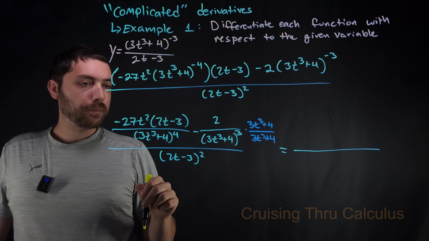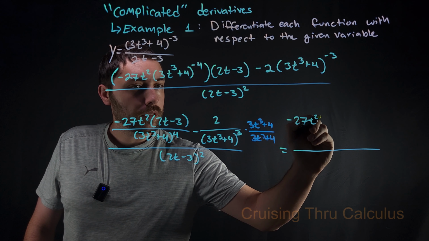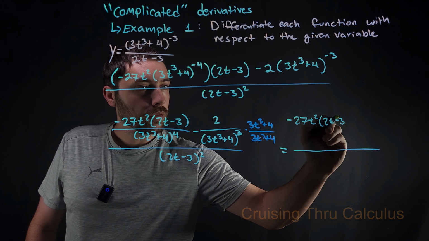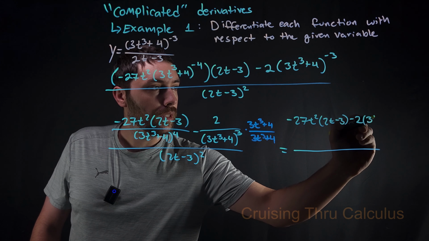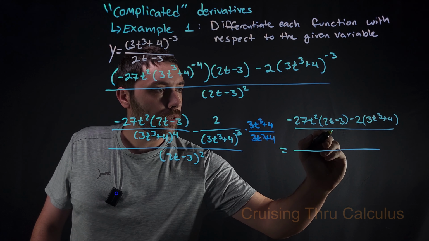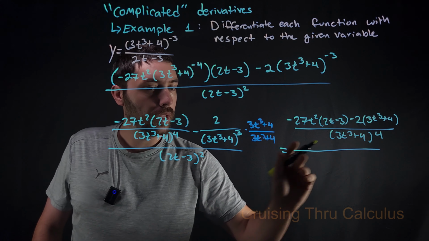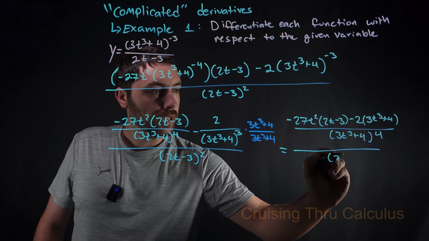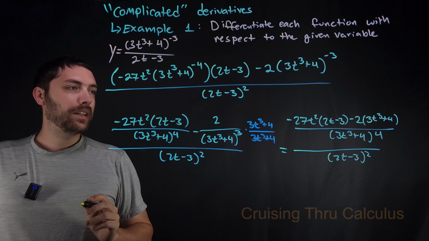We're going to have negative 27t squared times 2t minus 3, minus 2 times this piece here, 3t cubed plus 4. That's over 3t cubed plus 4 to the fourth, and all of that is over 2t minus 3 squared. Whew, like that.